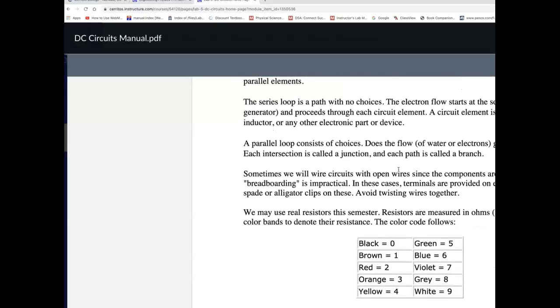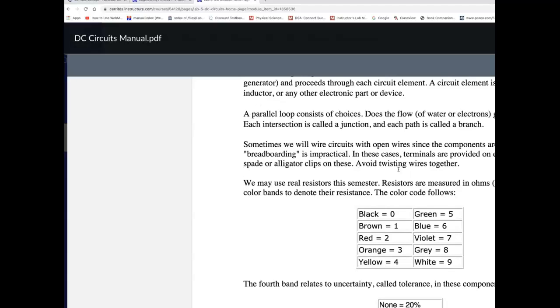Now, of course, here we are going to ignore any resistance for the wires. We are going to assume that they don't have any resistance. Also, we will usually use a breadboard to connect so that we will not solder, we will not twist the wires, we will not, you know, abuse the resistors.